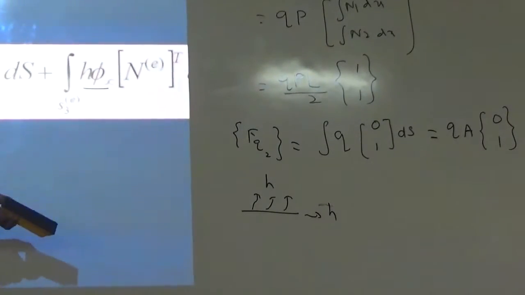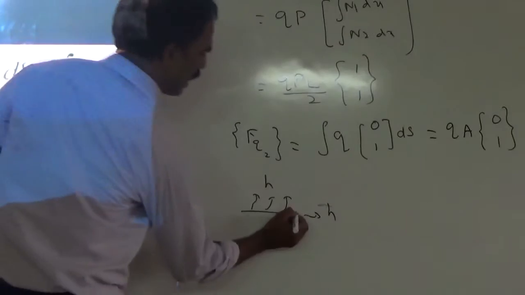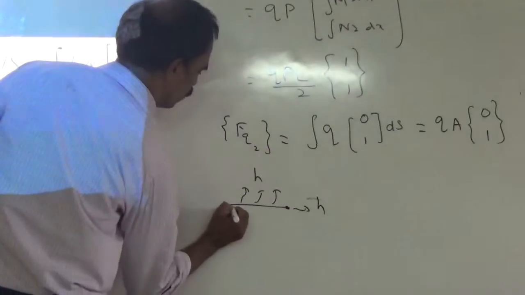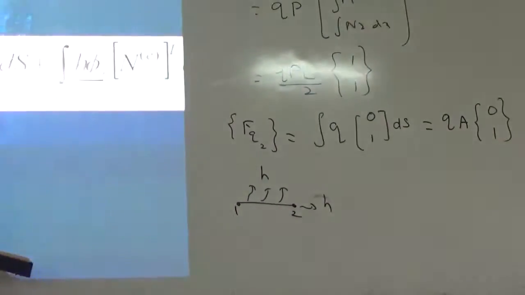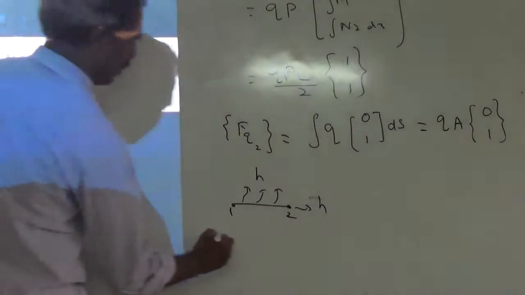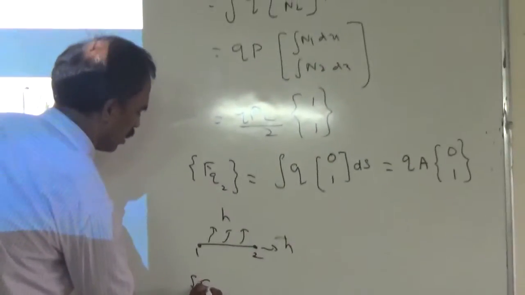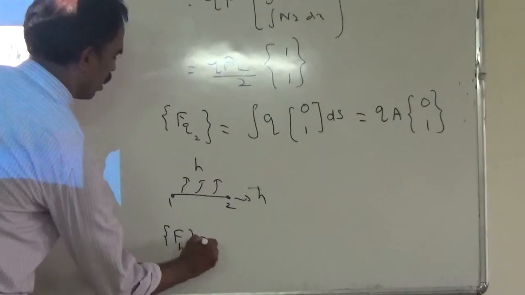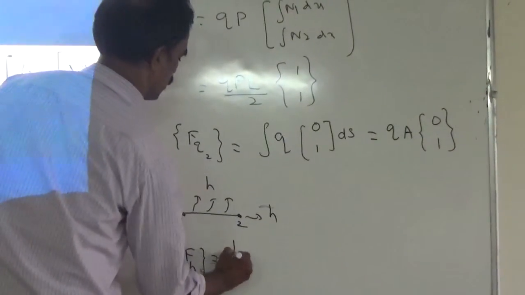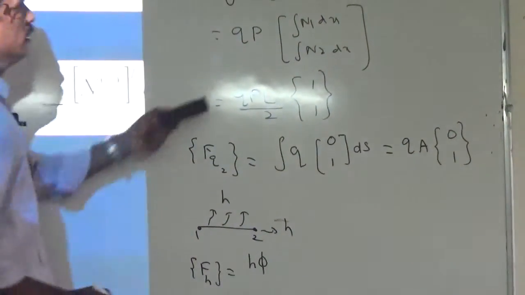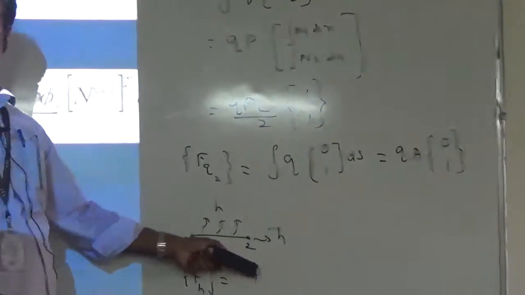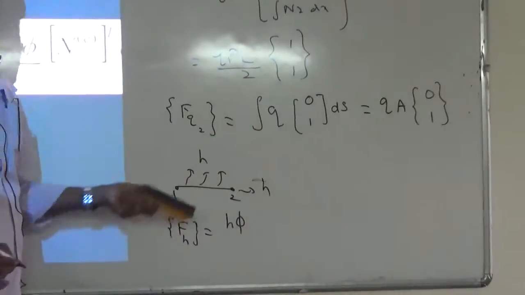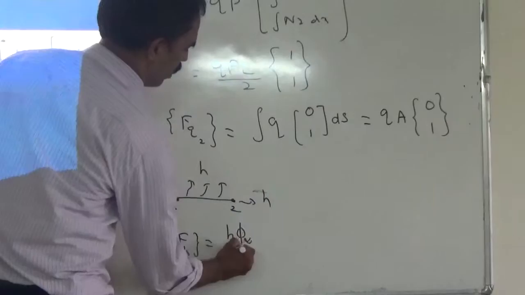I'm going to consider the convection taking place at node number 2. Then the convection load vector is H. Wherever Q is there, replace with H into phi infinity, similarly, H phi infinity L by 2.